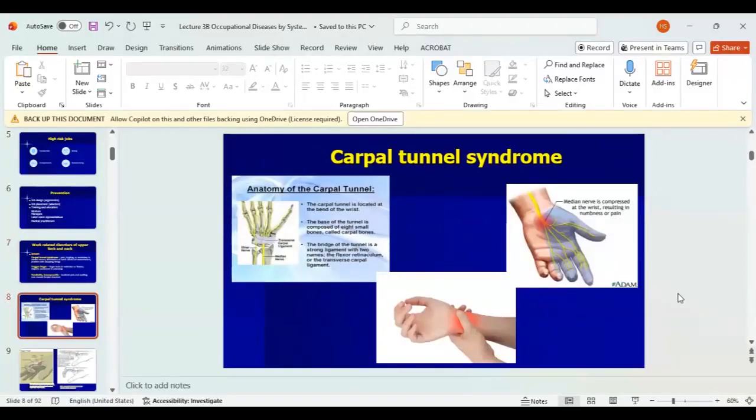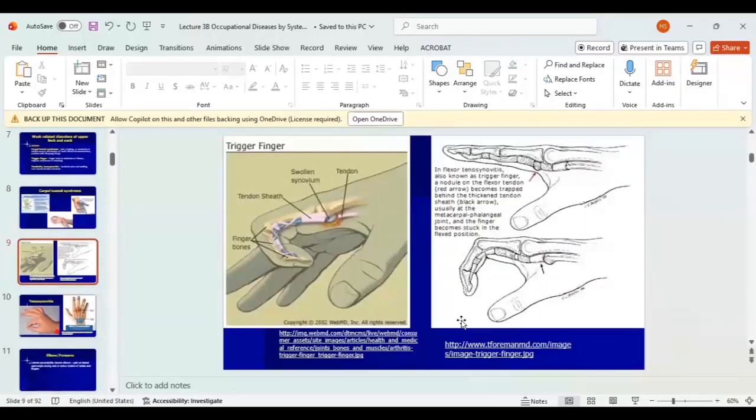And right, so we're just illustrating this is carpal tunnel syndrome, right? So within the wrist here, you have the carpal tunnel, and then the median nerve is compressed at the wrist. And this is what results in all of this pain and suffering.